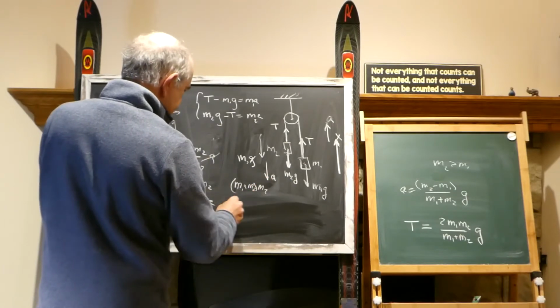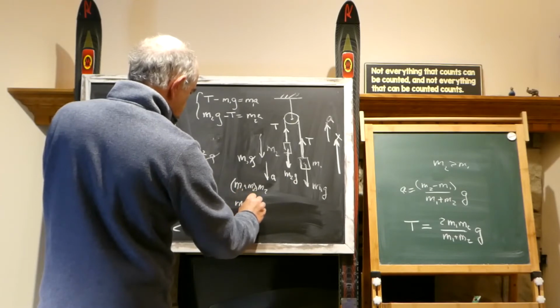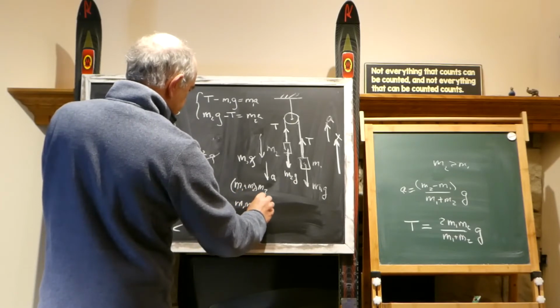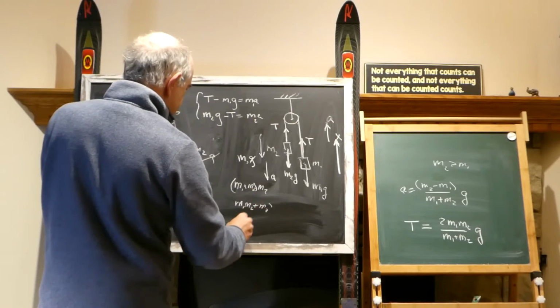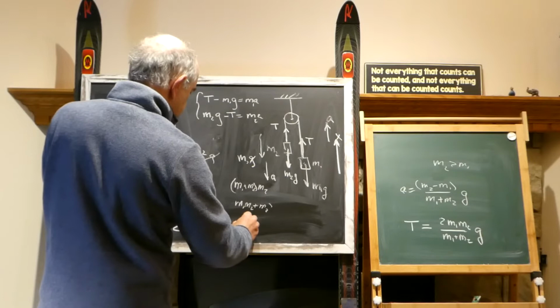I open brackets and I have M1M2 plus M2 squared, and this cancels, leaving M2 squared.